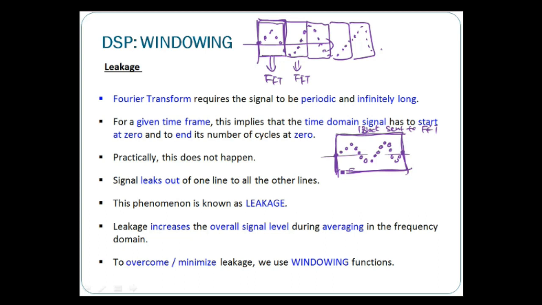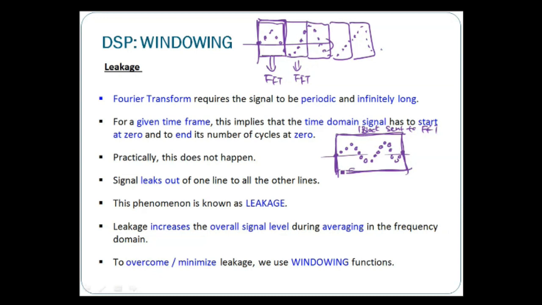Compared to a finite length, or what we call a discrete signal, right? So one thing you can do is take a very large number of samples, like infinite length, in one block to process. Then probably this leakage will be less significant. But it's not that practical.